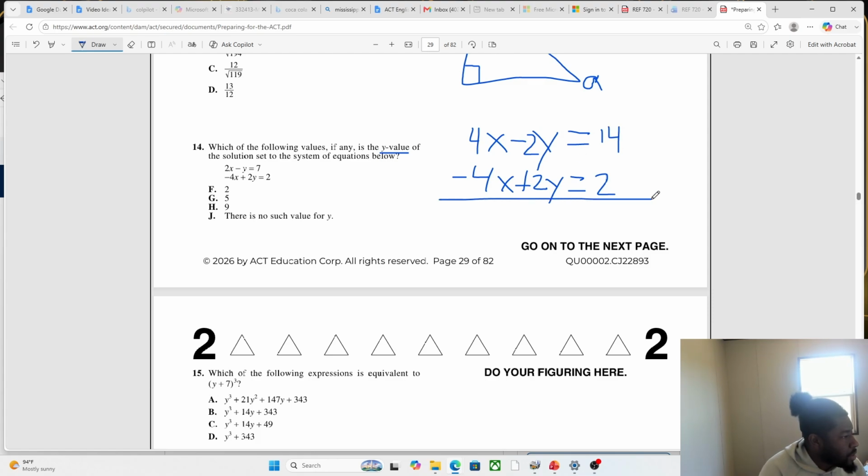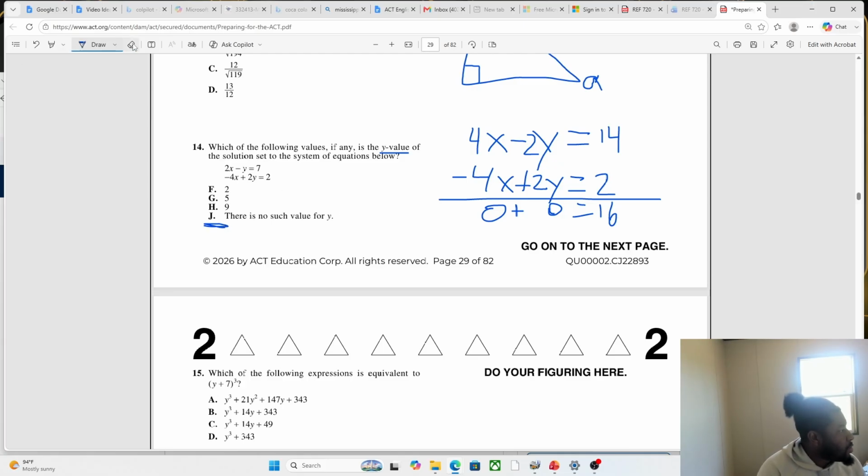Cool. So now we can add these together. So 4 minus 4 is 0. Negative 2 plus 2 is 0. So let me go ahead and write that. 0 plus 0 equals 16. All right. So 0 equals 16. That is not true. So there is no such value for y.